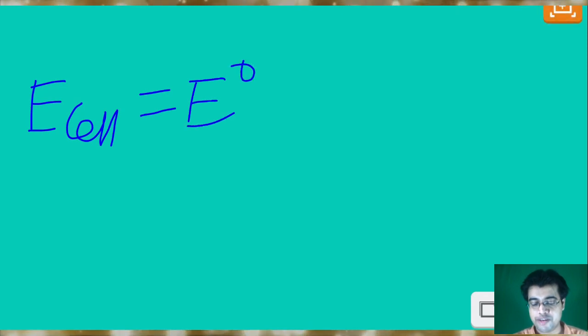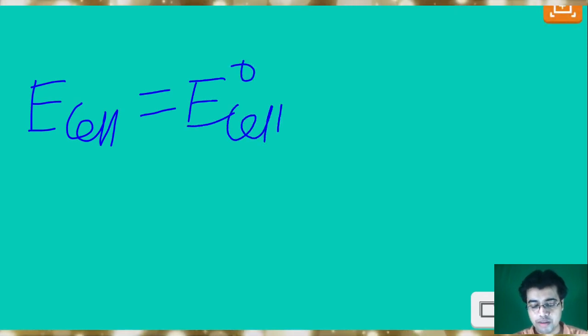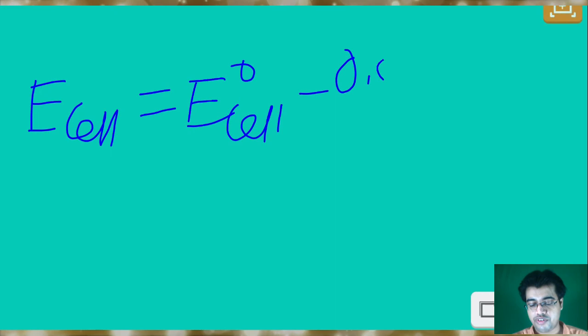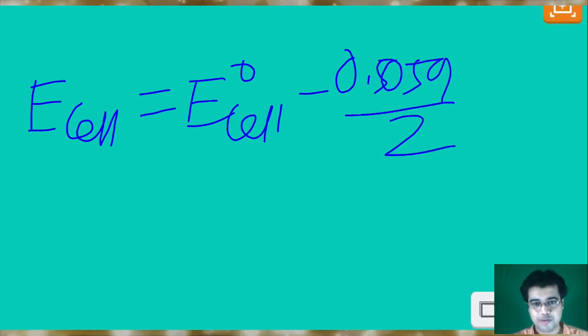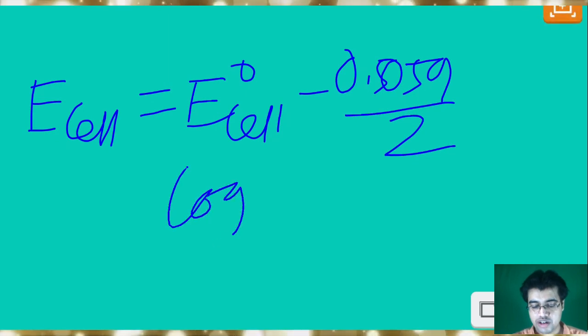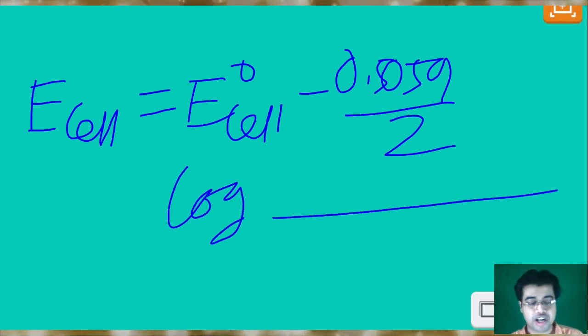You can apply the Nernst equation to find out E cell, because E cell equals E0 cell, which you know already, minus 0.059 divided by 2 log of the concentration of the product. Product means what was in the reaction.